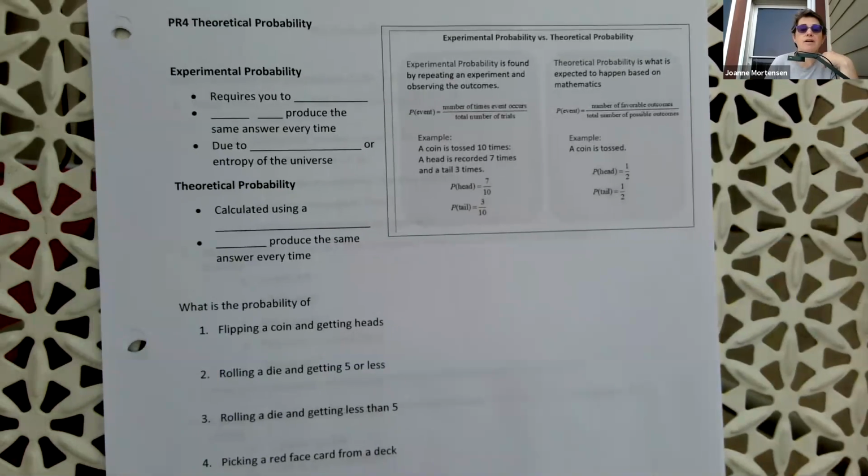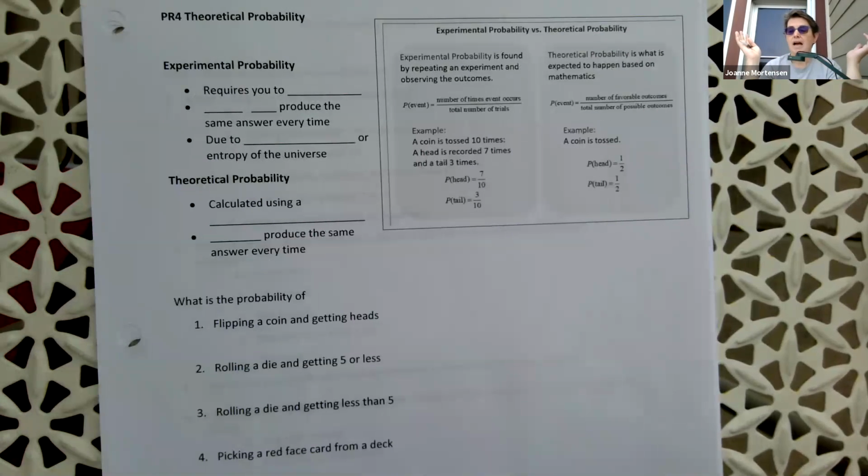So this is video PR4. We are now talking about theoretical probability. We did the experiment with the online dice simulator and tossed up to 3,000 times, and we kind of got a straight line. I could look for it, but maybe you can look for it for me. You can find one where it'll roll the dice 10,000 times or 100,000 times.